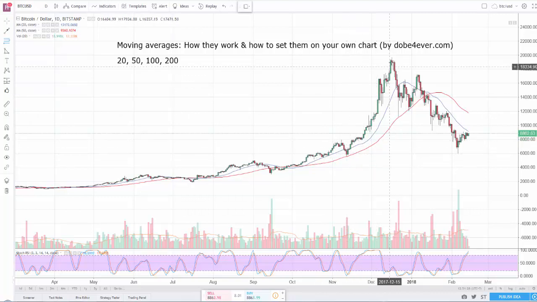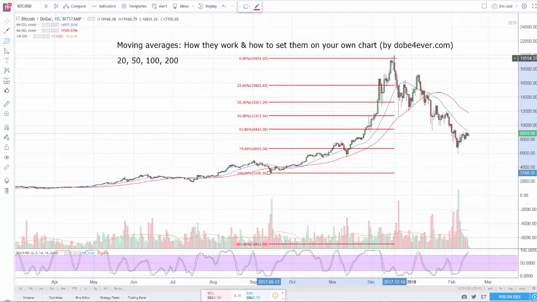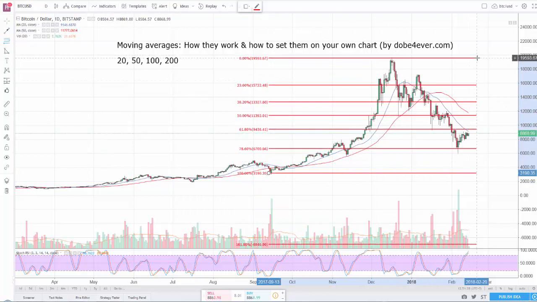This is point A, point B, and point C, and another trader is going to see the wave starting here, point A, point B, point C. Therefore, they will use and set their Fibonacci lines based on what they are seeing, because this is open to interpretation.